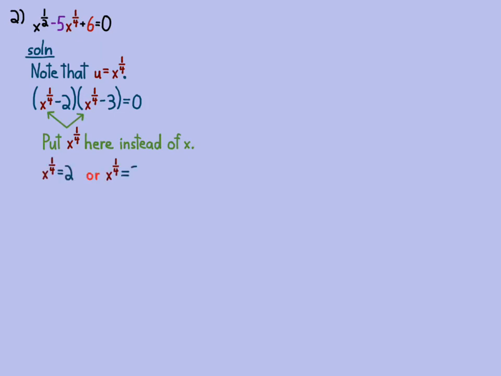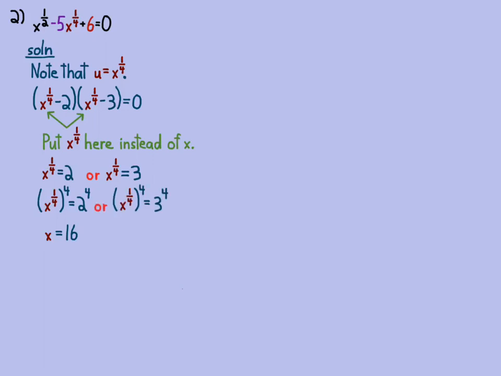Right? But anyway, so I just solve each of these for x, which means first I solve for x to the 1/4. So I get x to the 1/4 is 2, and x to the 1/4 is 3. And then I just raise both sides to the 4th power on both of them. And the first one, I get x is 16.